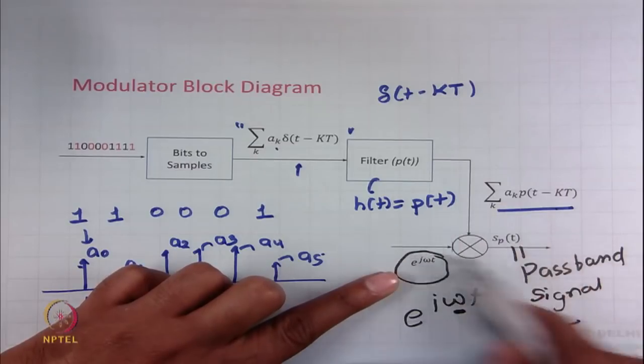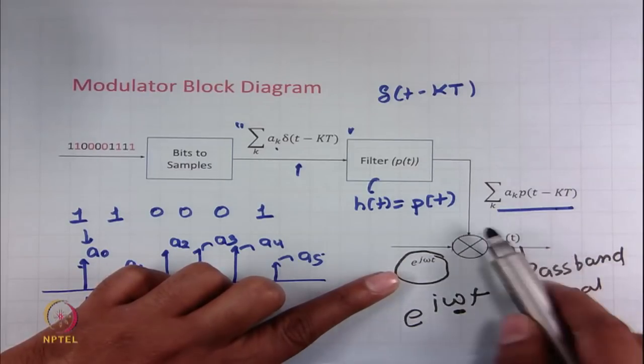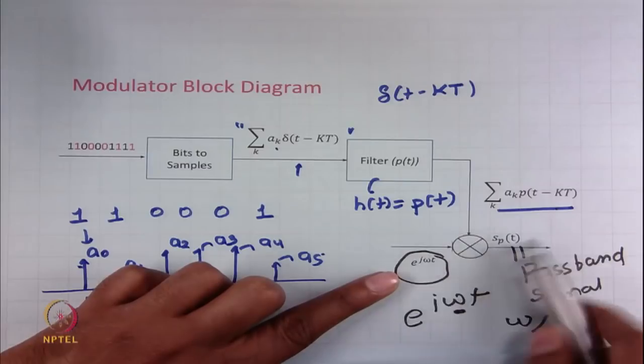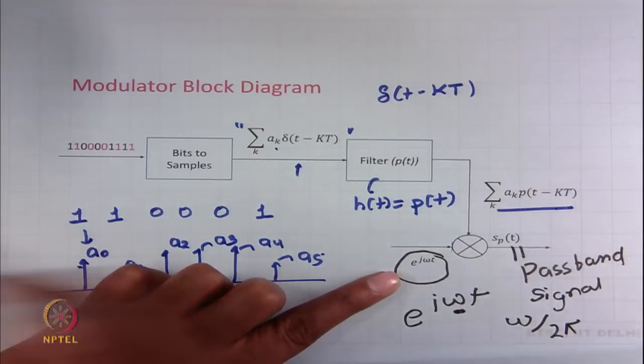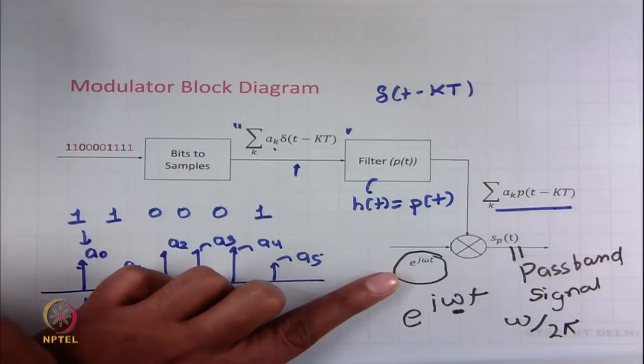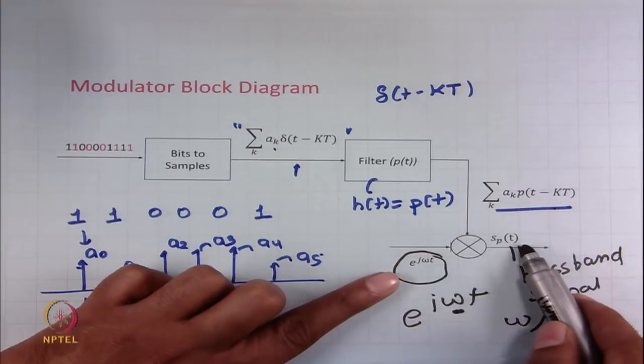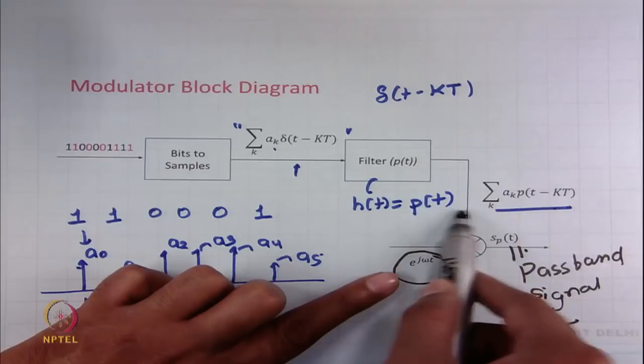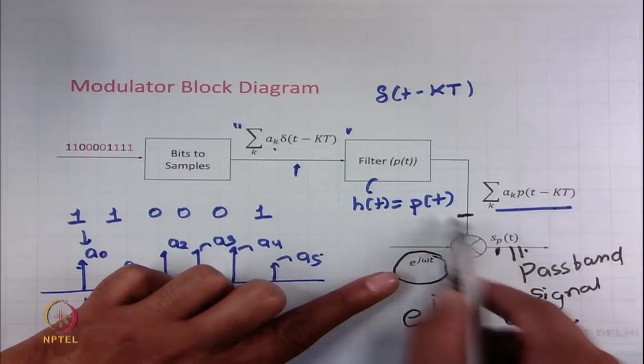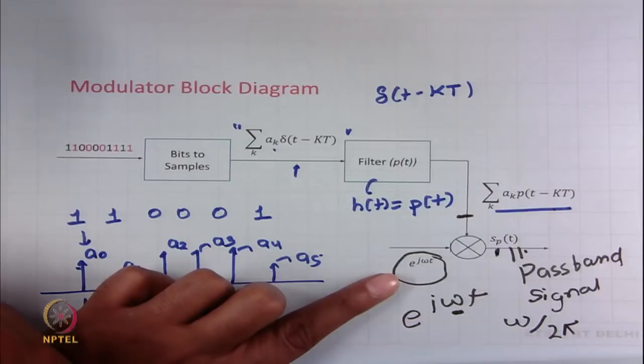Though this looks really trivial and simple, there are a lot of things that we have to understand in here. And this is where we will start in this lecture, trying to understand the relationship between this passband signal and this baseband signal. We will look into these issues in the next couple of lectures.